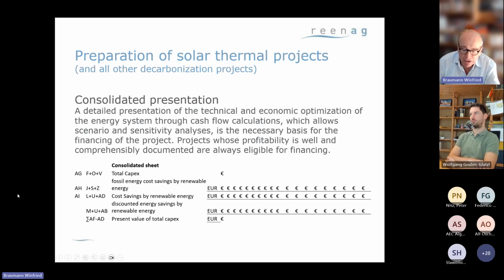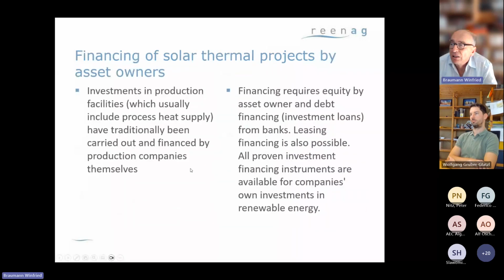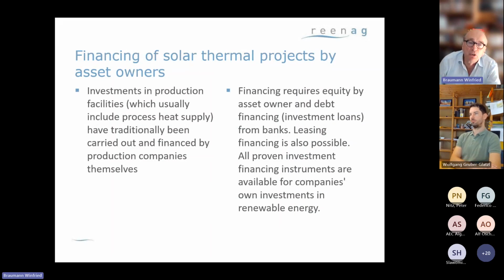But nevertheless, I would like to outline now who can finance such projects and how financing for such projects can be structured.